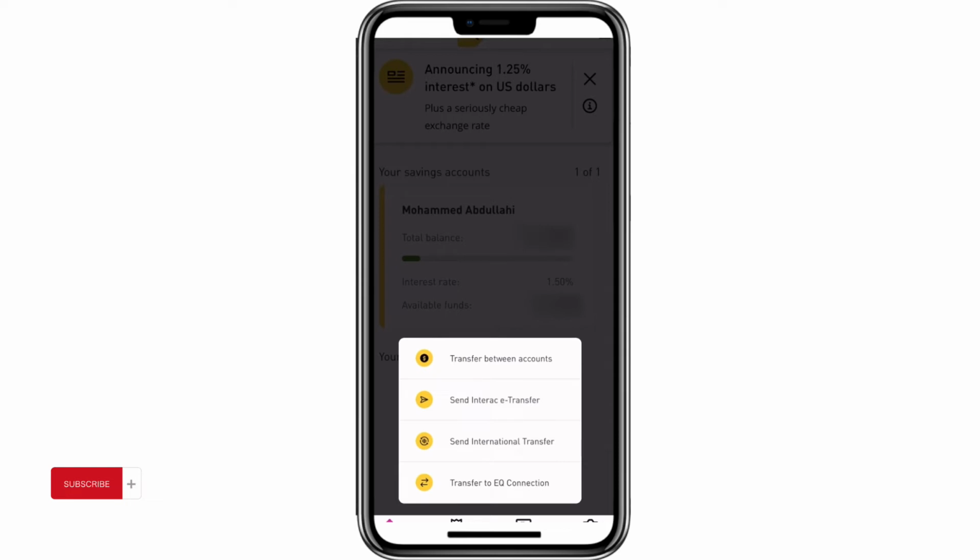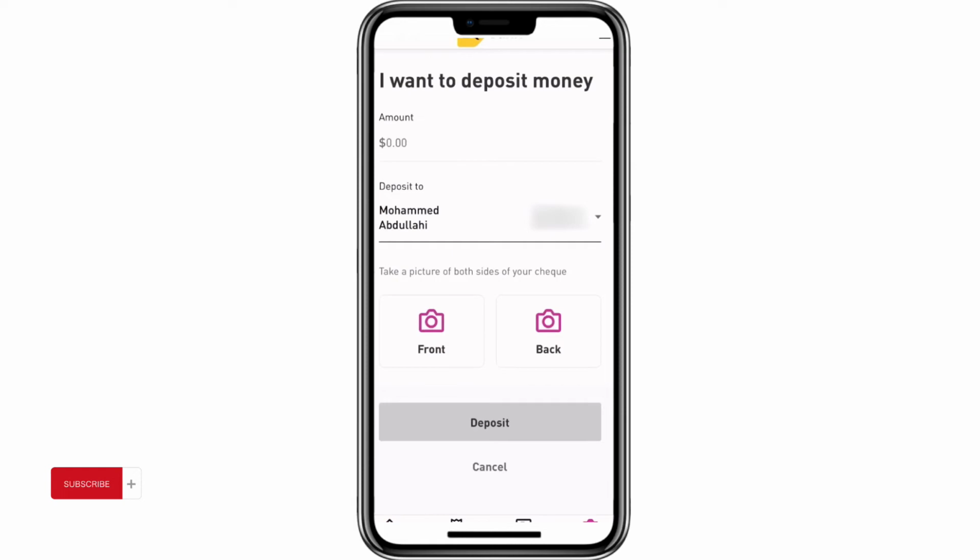On this part, you can transfer between accounts like I explained earlier, send Interac transfers, and it's completely free. You can also do international transfers, and also transfer from EQ to EQ Bank. I already explained this earlier. On this part, you can make cheque deposits. You just take the front picture and the back picture and make the deposit of your cheque.